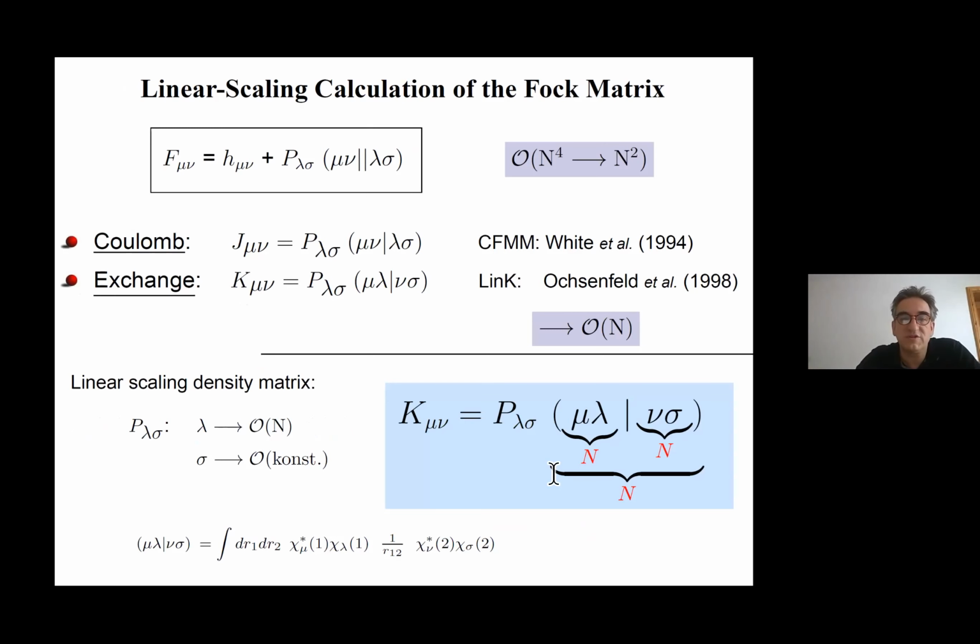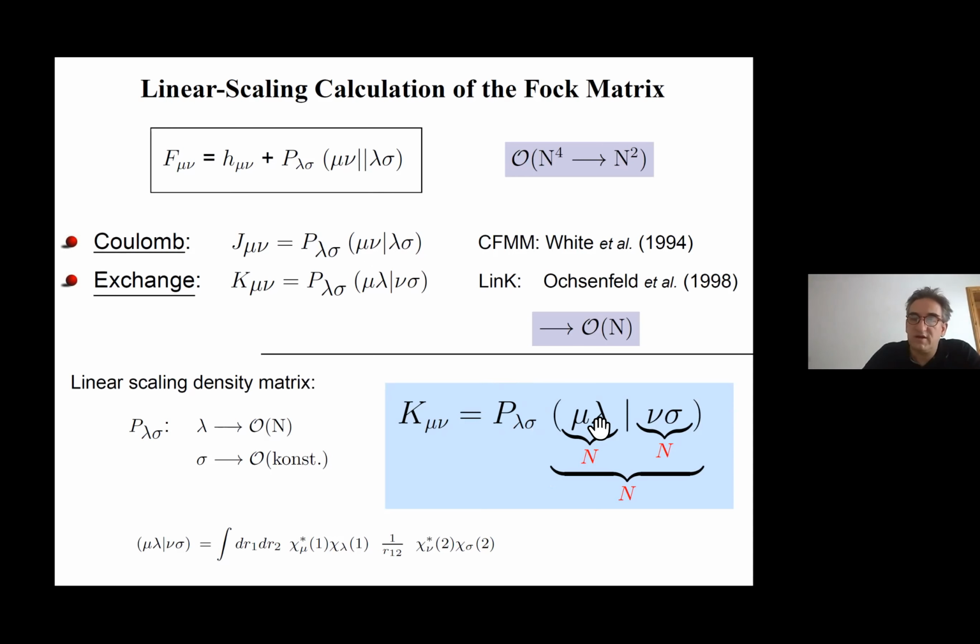In order to be able to treat large molecular systems, if we want to calculate, for example, the Fock matrix in a linear scaling fashion, we need to contract this one particle density matrix with these two electron integrals. We have a Coulomb type part, where the scaling can be reduced by the so-called continuous fast multipole method by Chris White and Martin Head-Gordon. And then we have the exchange part. This exchange part is built by the summation, using the Einstein sum convention, over lambda sigma.